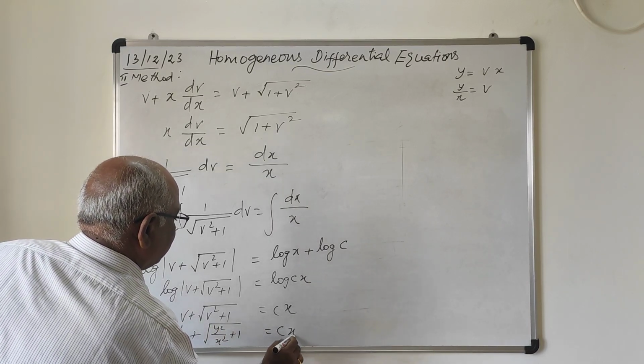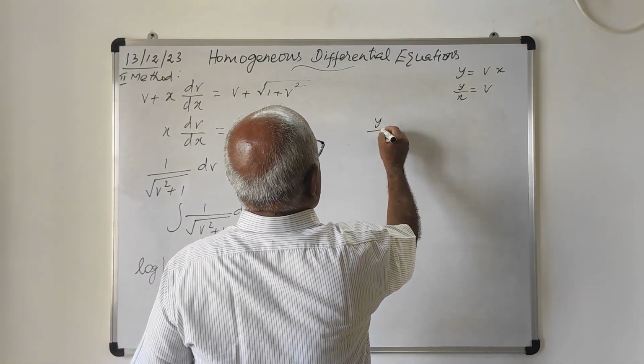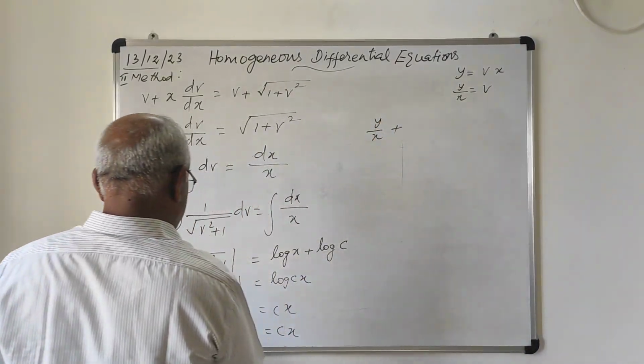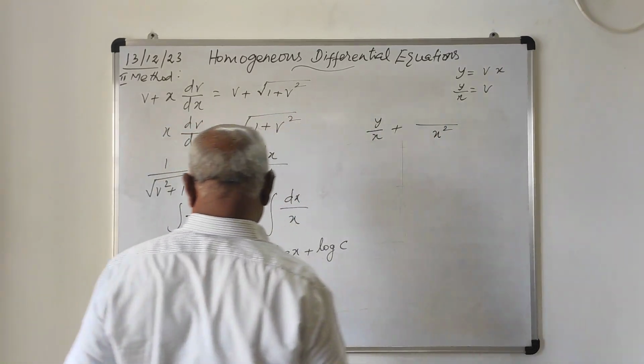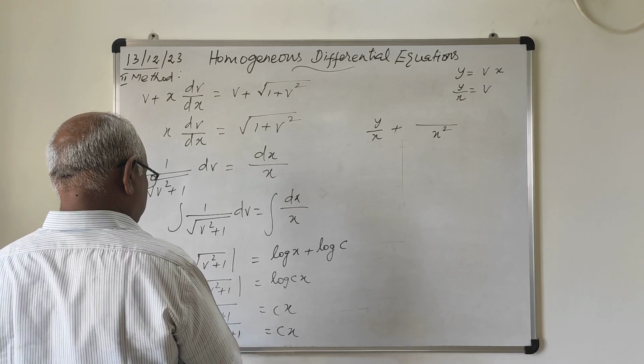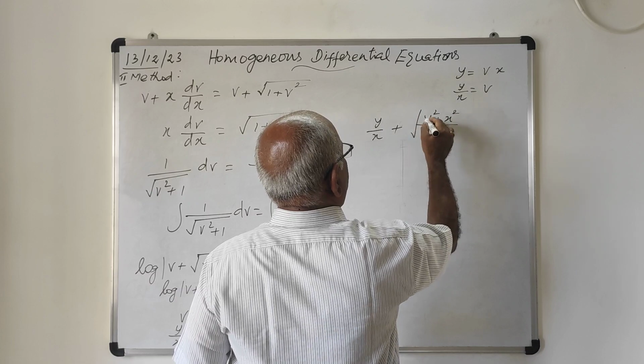equal to cx. Now, inside the square root you can take x square as the common LCM term: y square plus x square over x square.